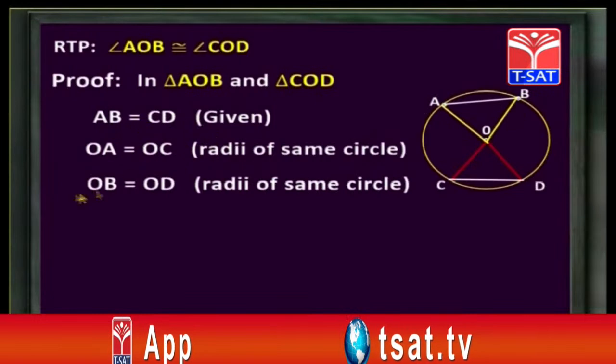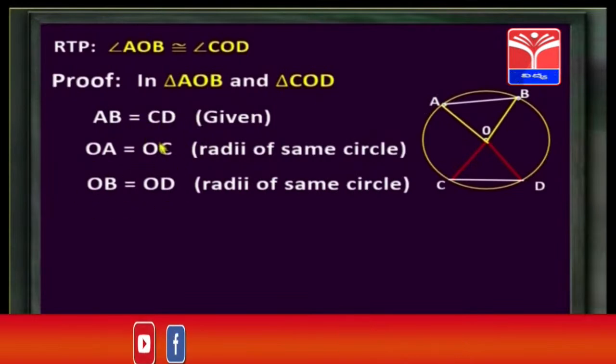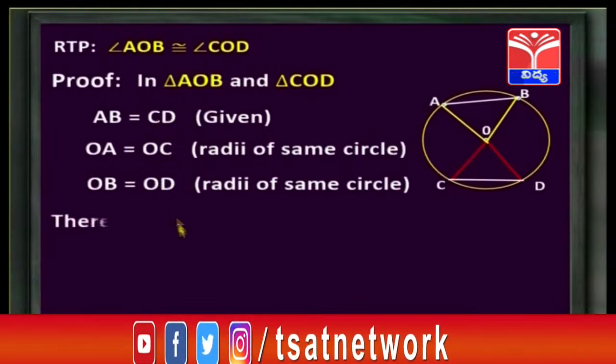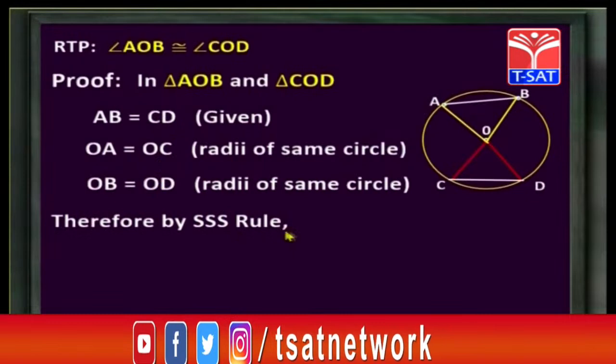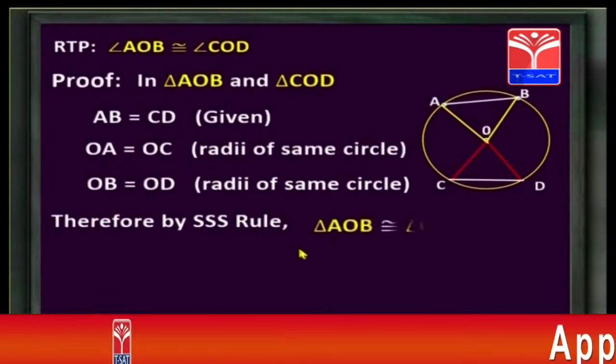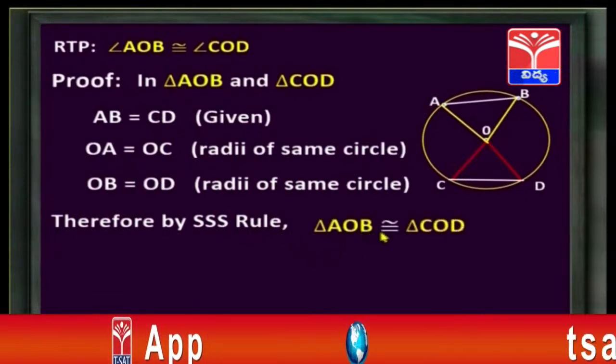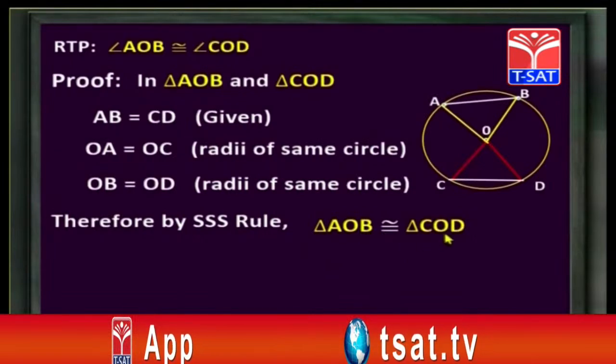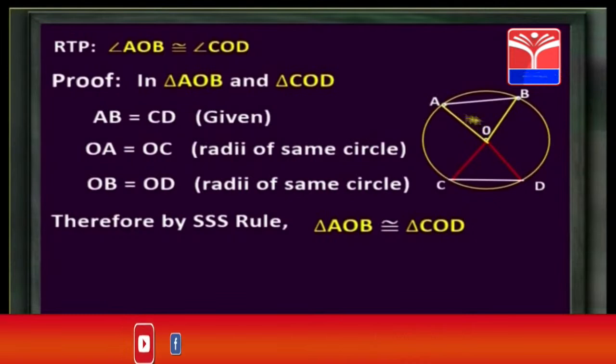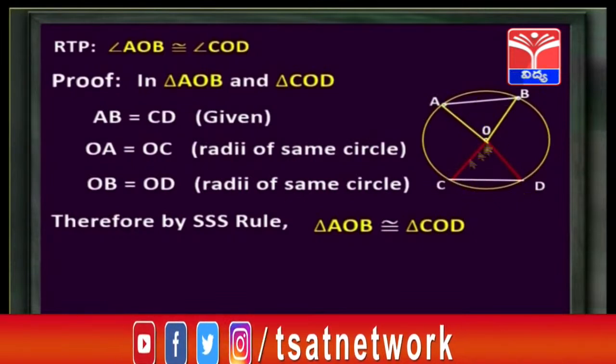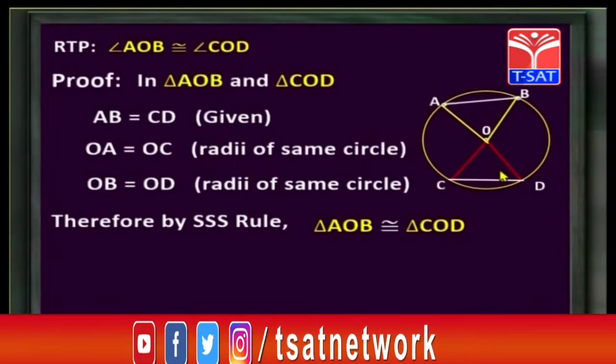So, AB is equal to CD, OA is equal to OC, OB is equal to OD. That means three sides are equal, corresponding sides are equal. We can say by SSS rule, triangle AOB is congruent to triangle COD.